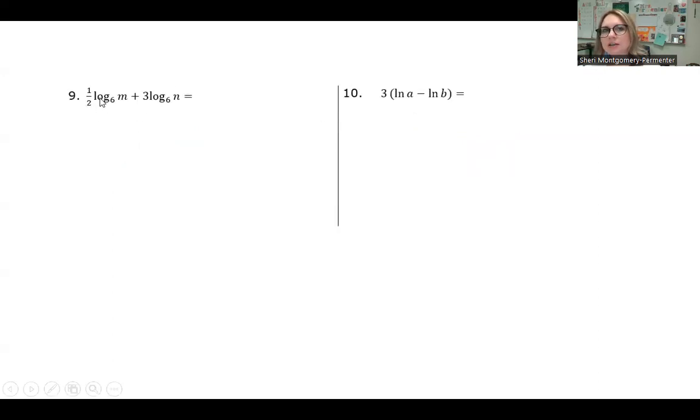The next question. So anytime I see a 1/2 out in front, it tells me that something's going to be what? Square rooted. So anytime you have something written out front, it has to become an exponent first. But anytime that you have a 1/2, it is going to be a square root.